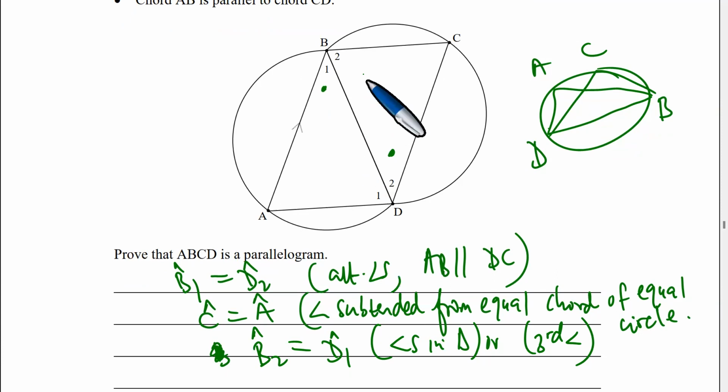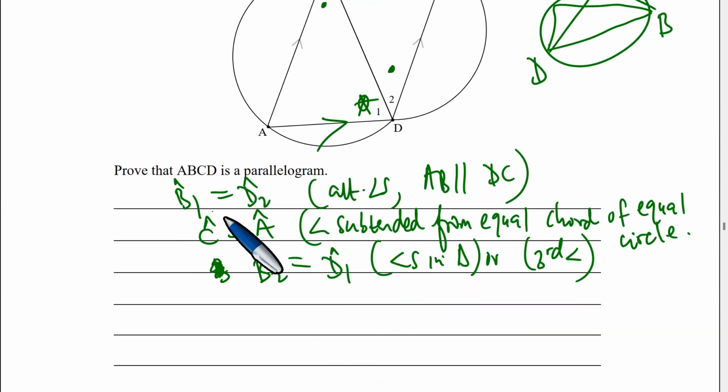Okay, the fact that now B2 is equal to D1 means this angle is equal to that angle there. So if this angle is equal to this angle, it means this side is parallel to the side of the shape.